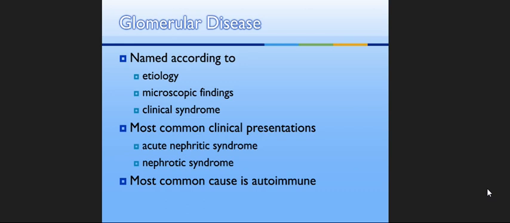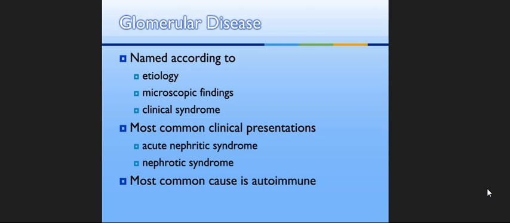Glomerular disease is mostly presented by acute nephritic syndrome, which we will speak about in the future, and nephrotic syndrome, two entities with two modalities of treatment.